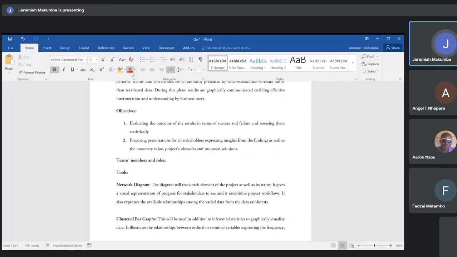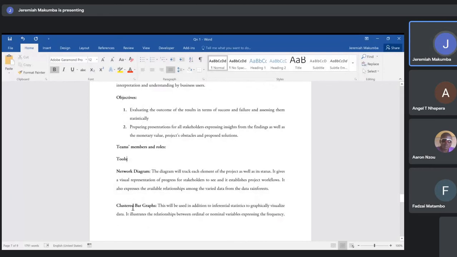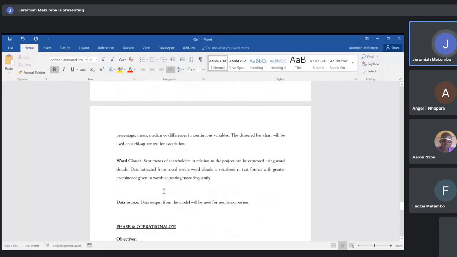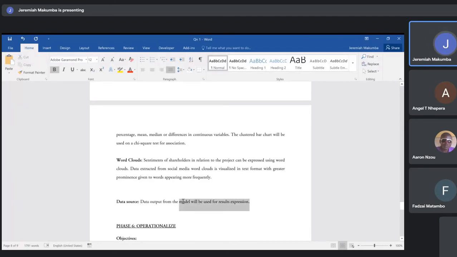I'll highlight it as ready. Then on tools, we talked about network diagrams and then clustered bar graphs and word clouds, right? Then the data source is data output from the model, which we've used for results expression.